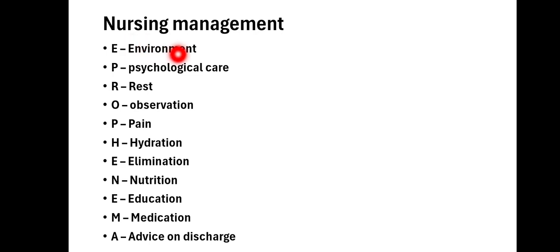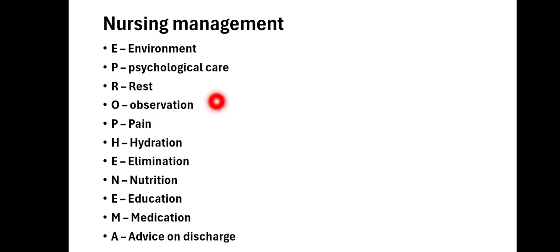About the environment: a clean environment, a well-lit environment, an environment of good temperature, an environment free from allergens, because we are talking about asthma. Psychological care: I will explain each and every procedure that I'm going to do to the patient to allay the anxiety. I will introduce myself to the patient, I will orient the patient to the ward environment. I'll ask for permission before performing any procedure. Rest: I will allow the patient to rest to promote healing.